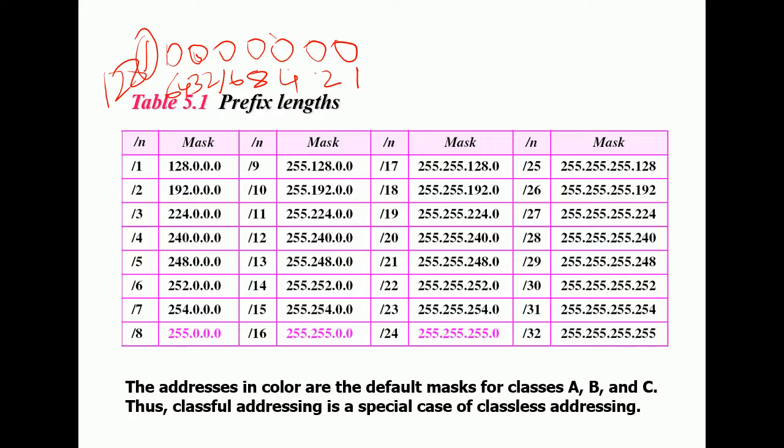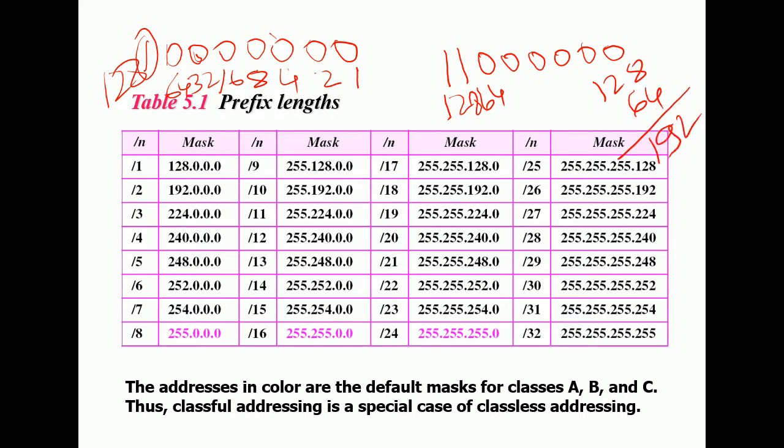So the first octet will be 128.0.0.0. Suppose the value of /n is 2, then 192.0.0.0 will be the mask. How? It means 2 bits are 1 in this 8 bits, and the position of 128 and the second one is 64. So if we add 128 and 64, it becomes 192, right? So the mask will be this.